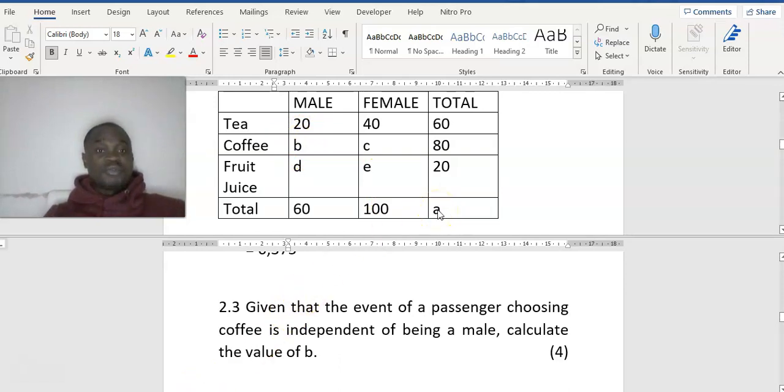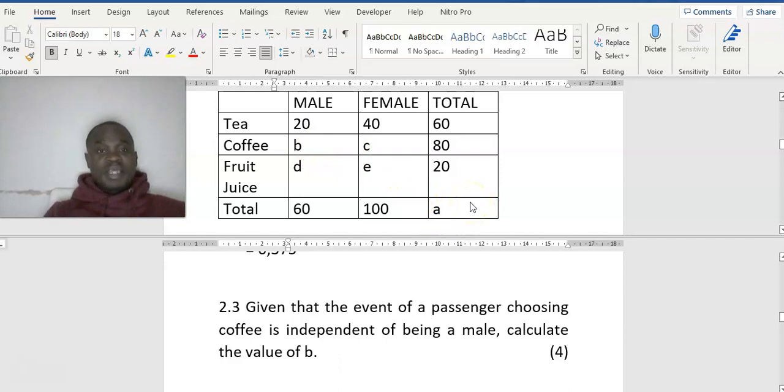Those who are male and drink coffee is B. The probability of those who are male and drink coffee is B over the grand total.